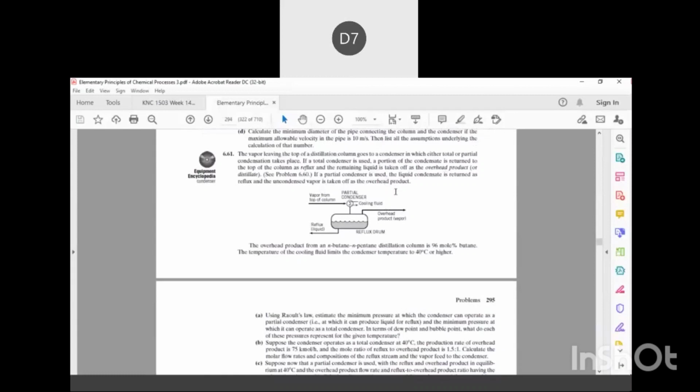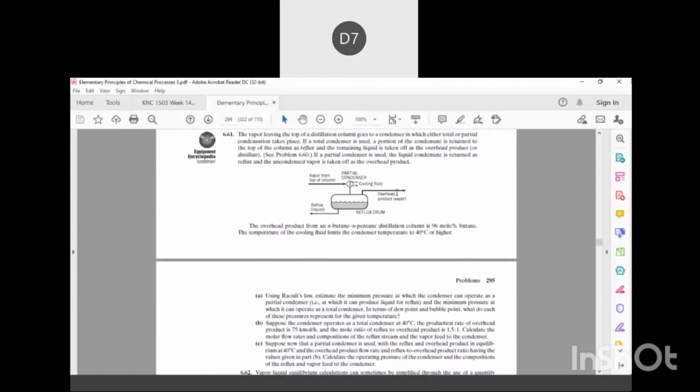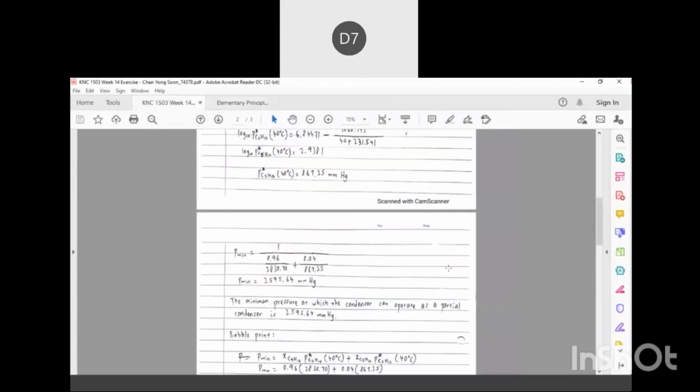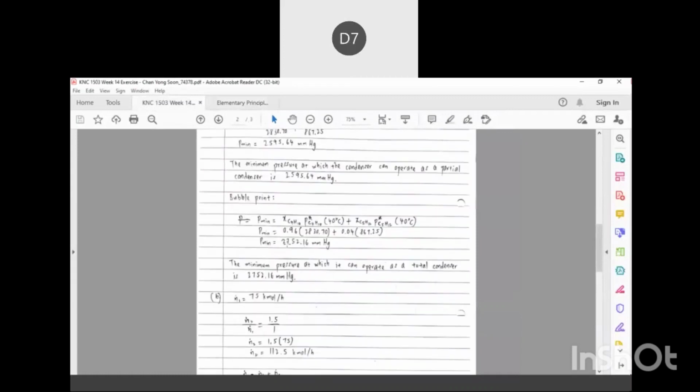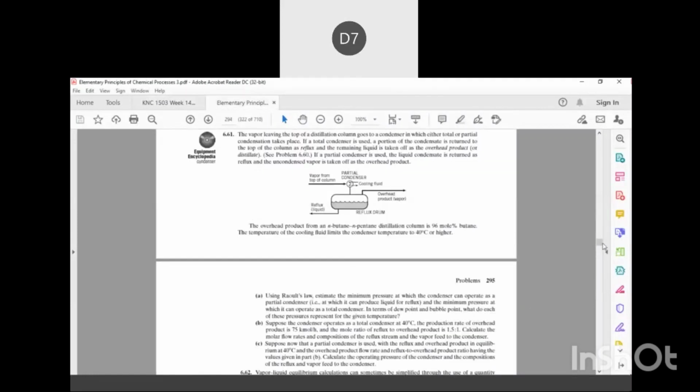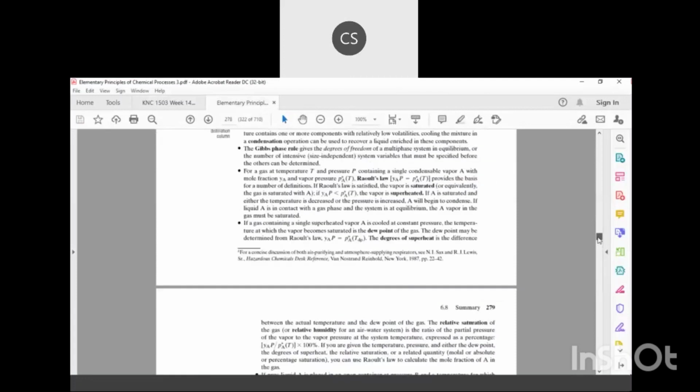So the formula you use to find the bubble point minimum pressure, can you show it? This one, the general formula. Wait, I'll show it to you.